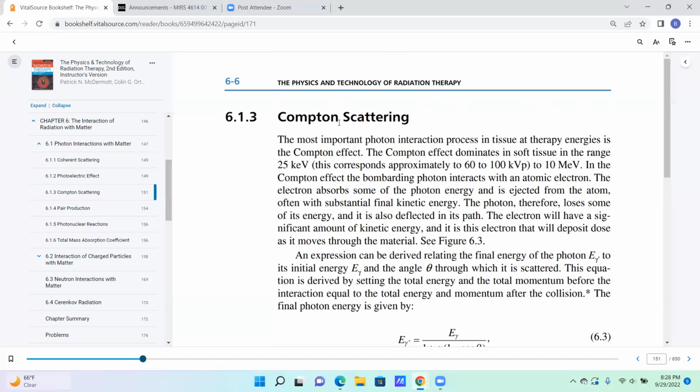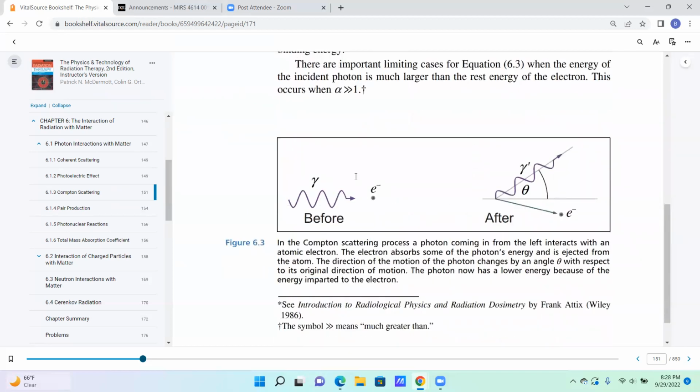The photon, therefore, loses some of its energy and is also deflected in its path. The reason for that is to conserve momentum. The electron will have a significant amount of kinetic energy, and it is this electron that will deposit dose as it moves through the material. So you can see here, this photon comes through and interacts with this electron. As it does so, it imparts some of its energy to the electron.